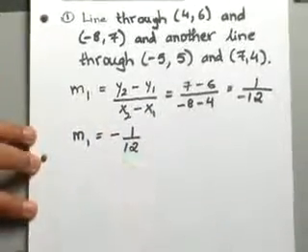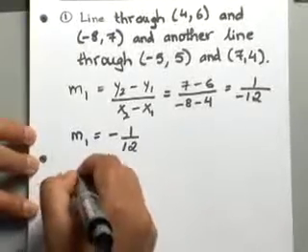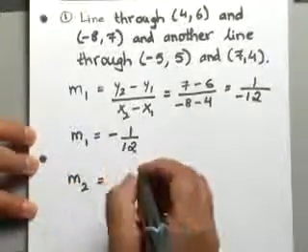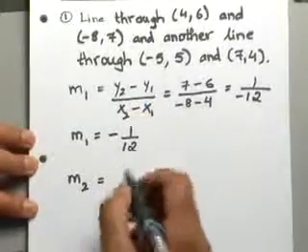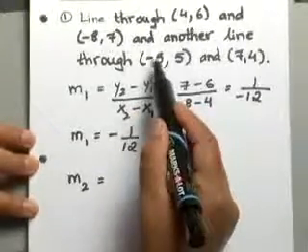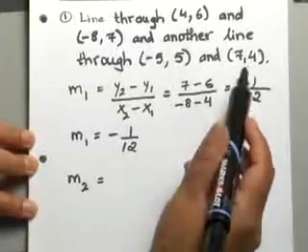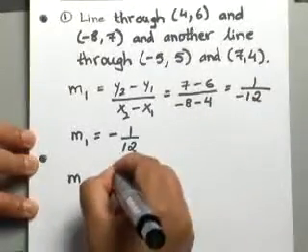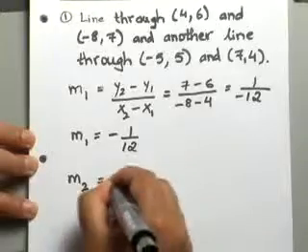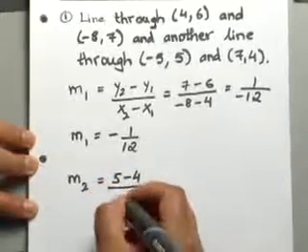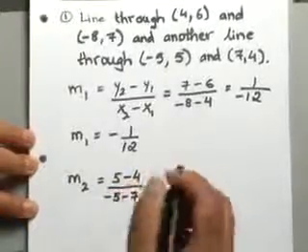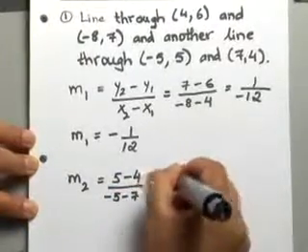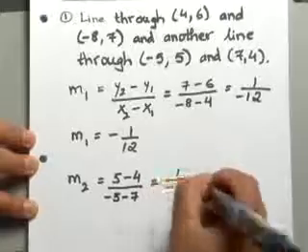And now let's go ahead and find the slope of our second line. And again, we'll use the slope formula here, and we'll use the points (-5, 5) and (7, 4) to find our slope. So you have 5 minus 4 over negative 5 minus 7, which will give you 1 over negative 12.